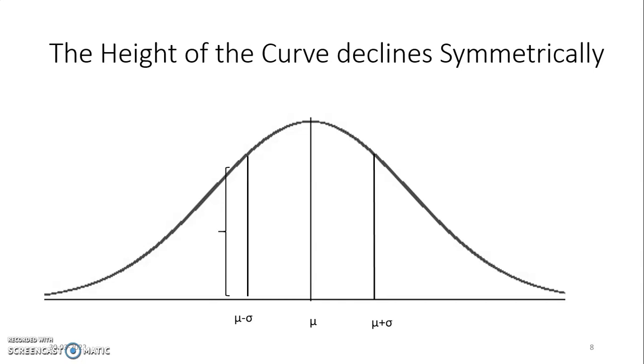The height at mu minus sigma, that is the y coordinate, is the same as the height at mu plus sigma. So the height of the curve declines symmetrically. At equal distance from mu, the height is the same. That is exactly what it means.